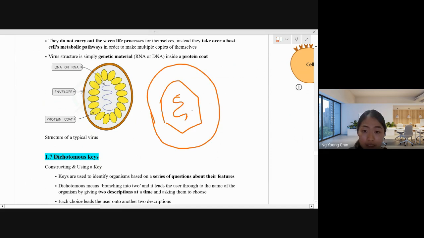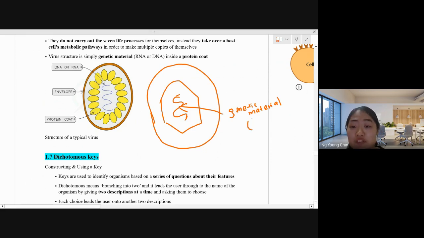Okay, so inside they have the genetic material. Genetic material. So usually it's comprised of DNA or RNA.